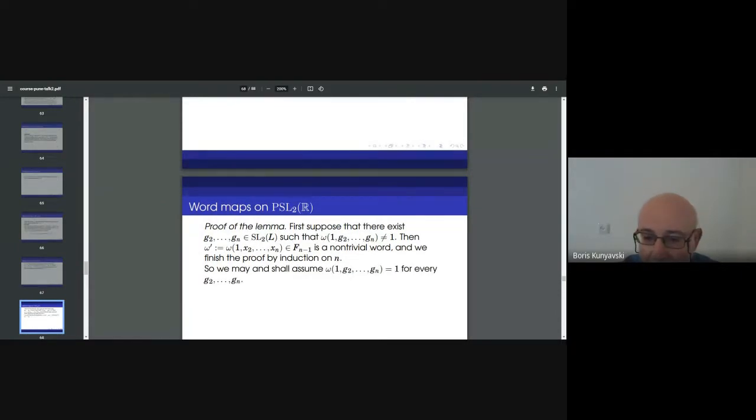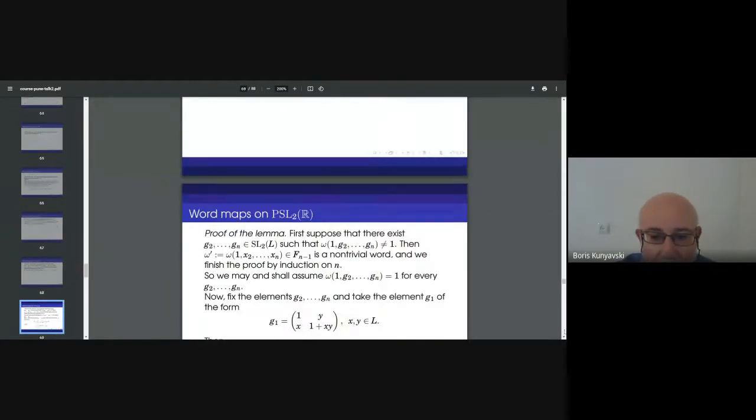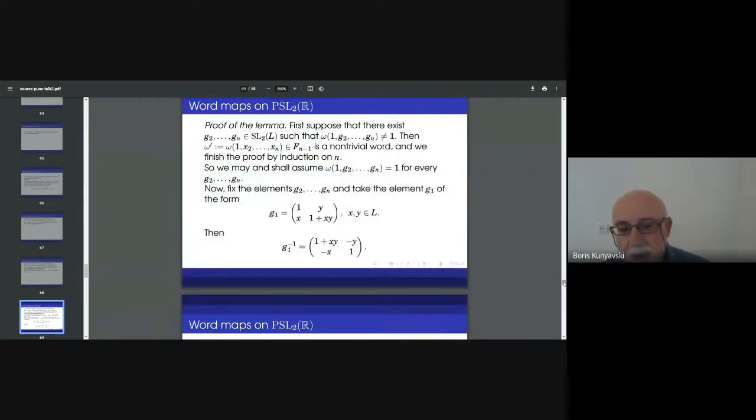So we may assume that if we fix g1 equals 1, then the word becomes identically 1 for every g2 through gn. What shall we do here? We fix elements g2 through gn, and choose element g1 of some particular form.